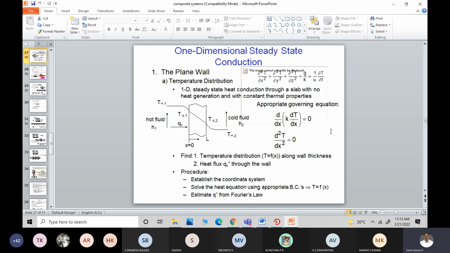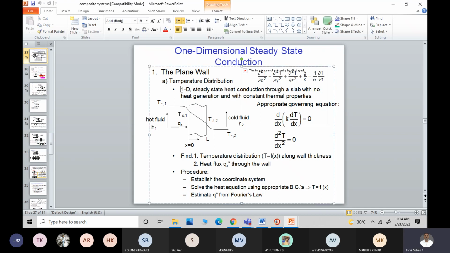Am I fine? Is it fine? Am I correct? Yes, sir. Dou square T by dou x squared. So we are considering the one-dimensional thing. First assumption itself, 1D steady state conduction. Steady state means dou T by dou t, there is no variation of temperature with respect to time, so the right hand side becomes 0. One dimensional, so y-axis, z-axis are negligible.